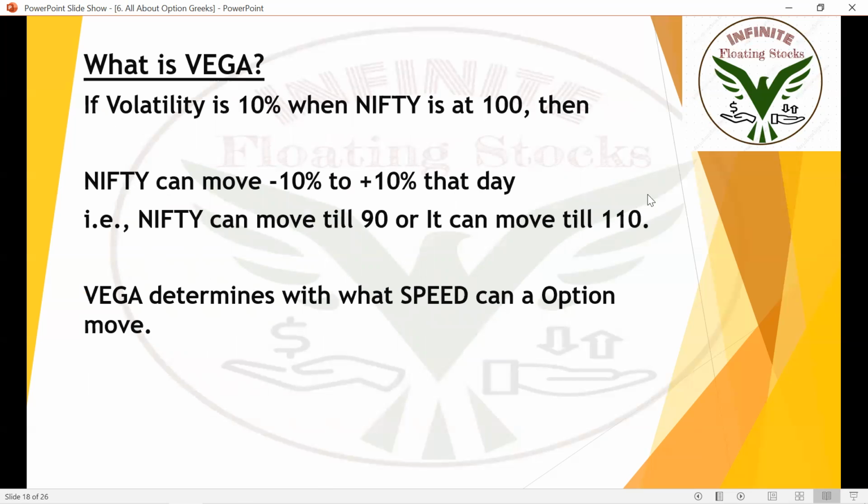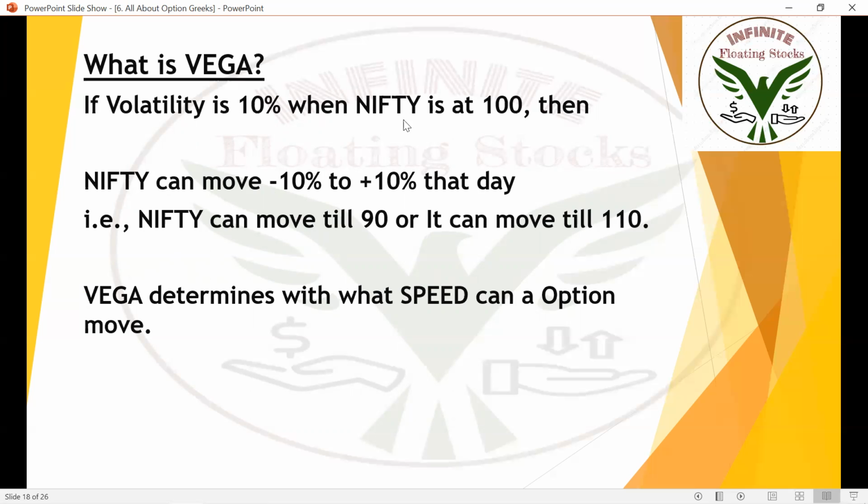So here is a practical example of Vega. If volatility is 10% when Nifty is at 100, then Nifty can move minus 10% to plus 10% that day. Imagine Nifty can move till 90 or it can move till 110.